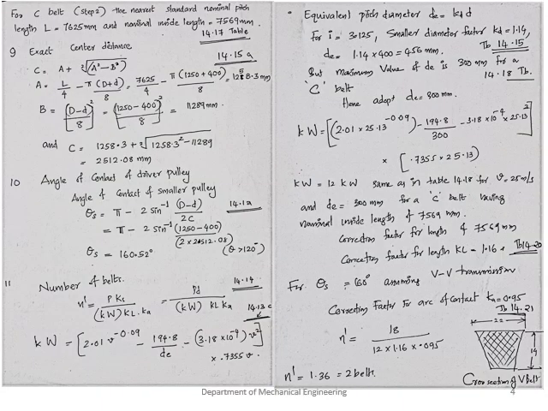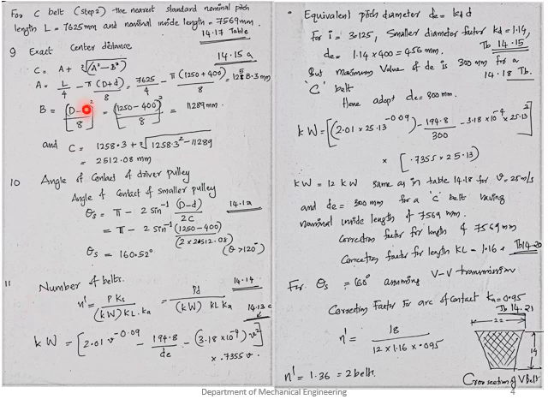For C belt, the nearest standard nominal pitch length is L equal to 7625 mm and nominal inside length is equal to 7569 mm. The above values you can obtain from table 14.17.